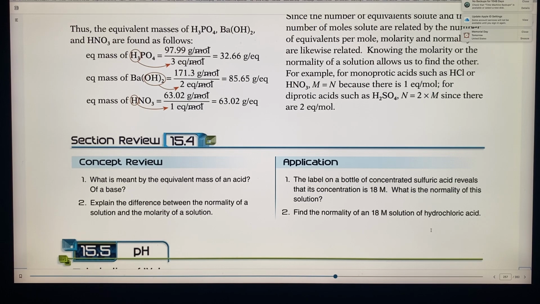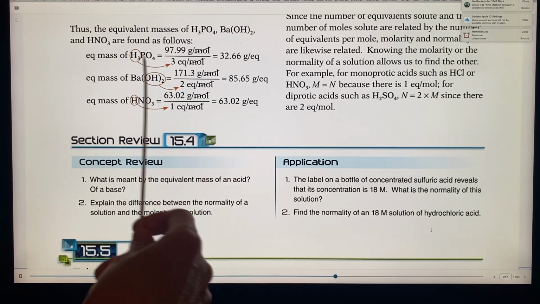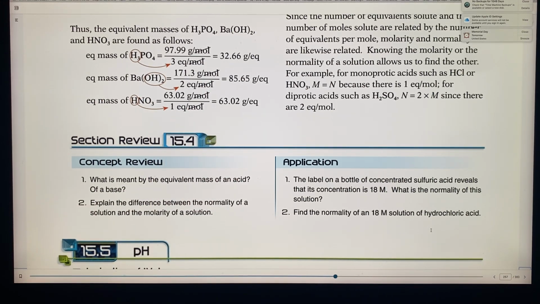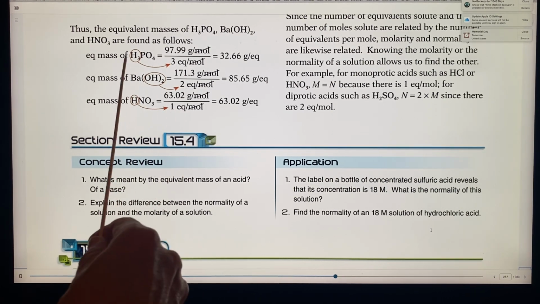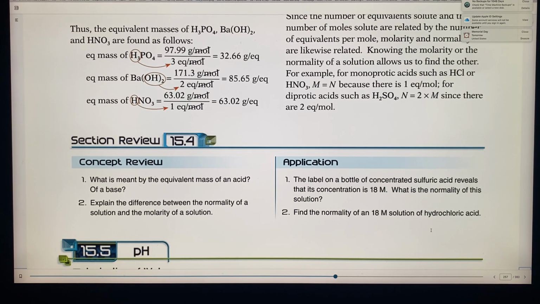All right, so let's look. It says, what is meant by the equivalent mass of an acid or base? I just did that. The equivalent mass is the mass per equivalent of acid or base. You're taking the molar mass and dividing it by the H or the OH, which is just what we're doing right up here. This is how we get it, dividing by 3 if there are 3 hydrogens, and that is going to be the equivalent mass in grams.